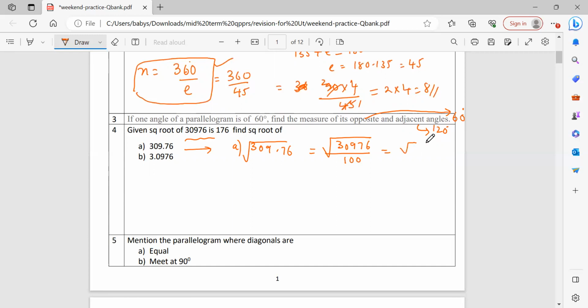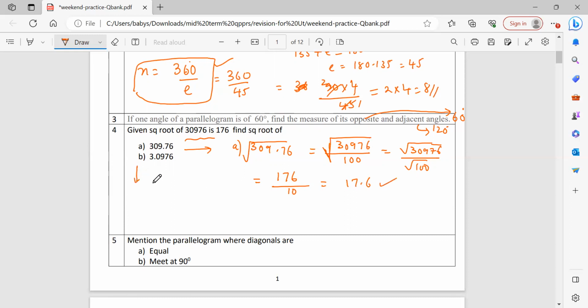That would be root of 30976 divided by root of 100. Okay, this root goes for the entire thing, no? That would be, what is root of 30976? It is 176, that is given, divided by root of 100 is 10. So 176 by 10, 17.6. One decimal place it's jumped, isn't it?